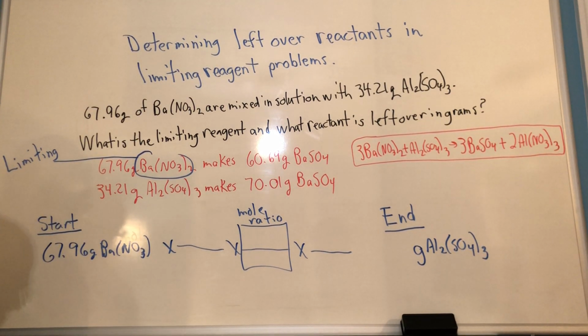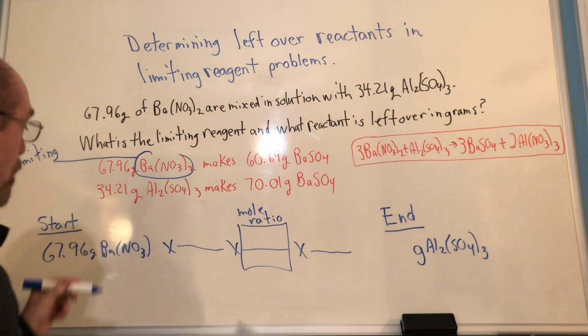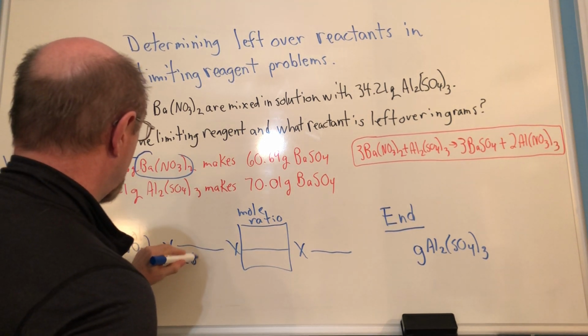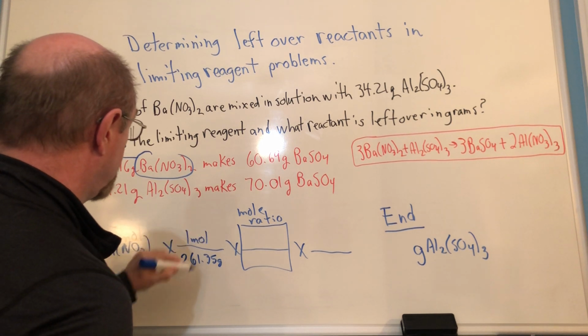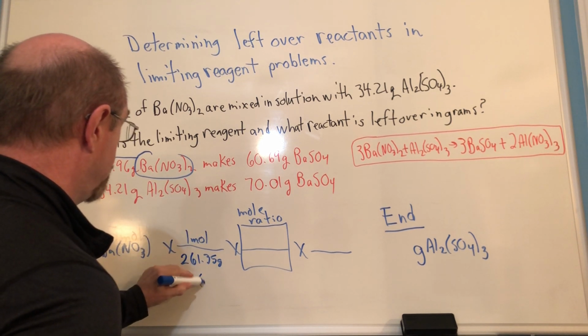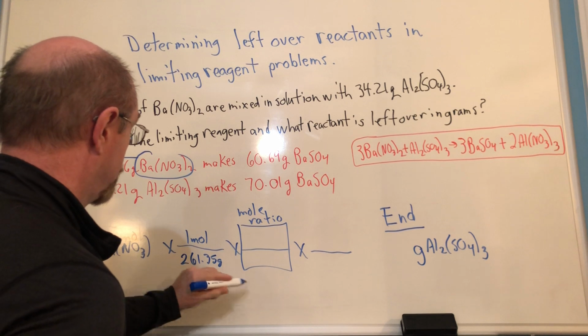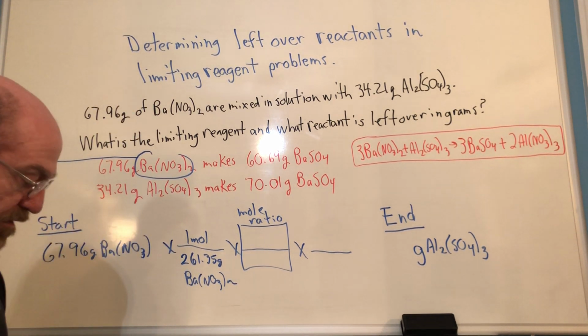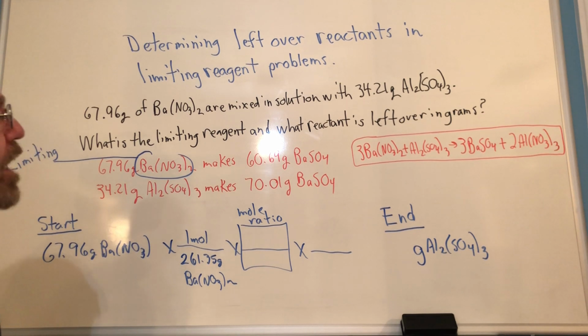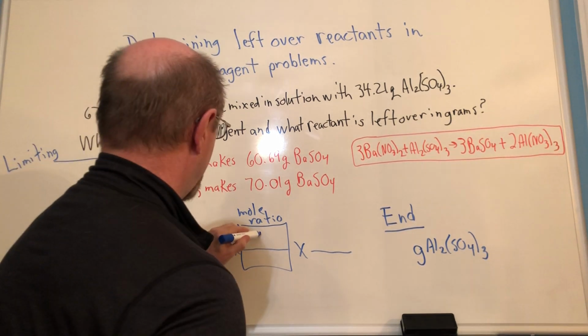Okay, so the molar mass that I have for barium nitrate is 261.35 grams for every 1 mole of barium nitrate. Okay, mole ratio. Well, we're going to aluminum sulfate. Aluminum sulfate from the balanced equation has a value of 1.